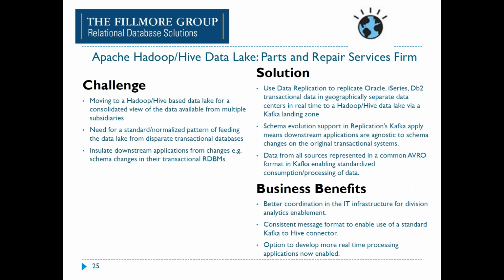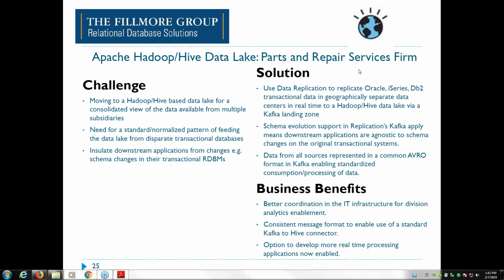I made reference to this: the key needs of this customer, an auto parts distributor and repair facility. They were looking at getting the data into a Hadoop data lake, but they landed the data in Kafka before moving it into their target Hadoop environment.